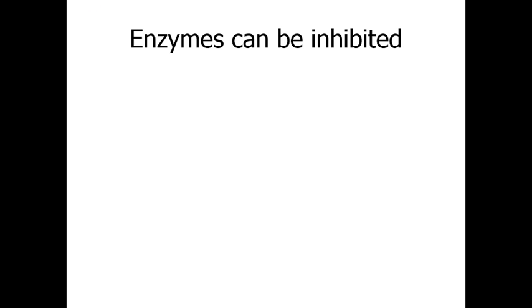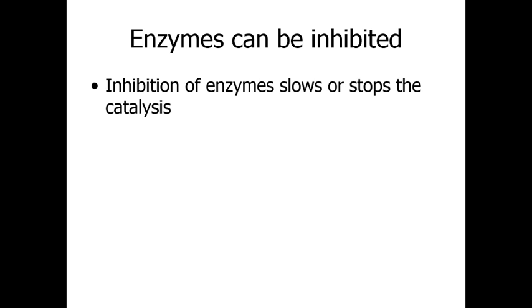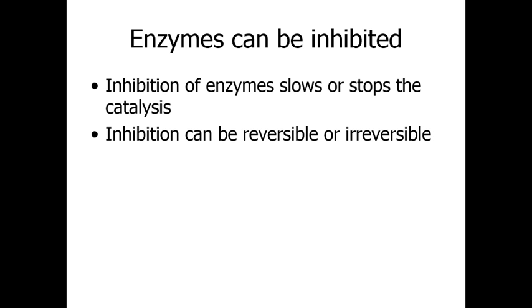Enzymes can be inhibited. Inhibition of enzymes slows or stops the catalysis, which means that the substrate will not get converted to product. Inhibition can be reversible or irreversible. In the reversible case, the inhibitor can leave the active site of the enzyme, and it's always in an equilibrium.